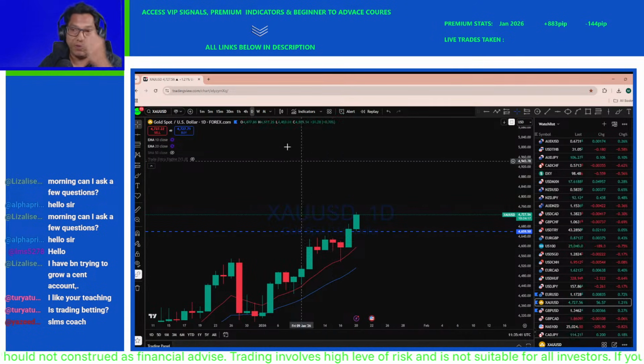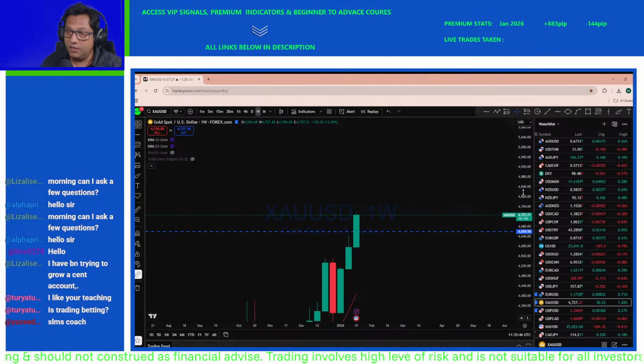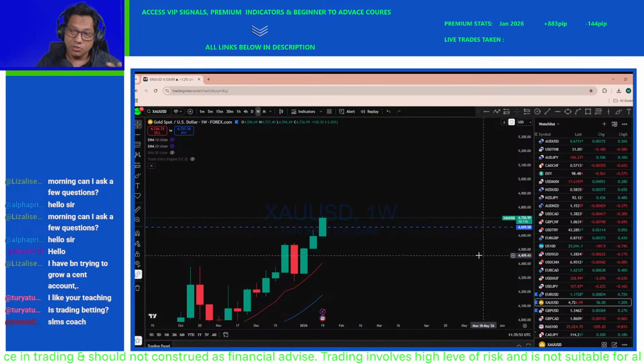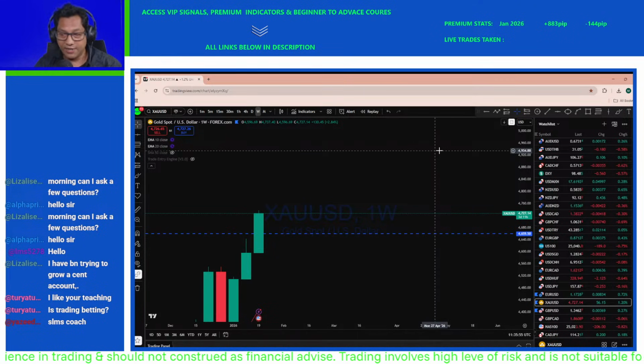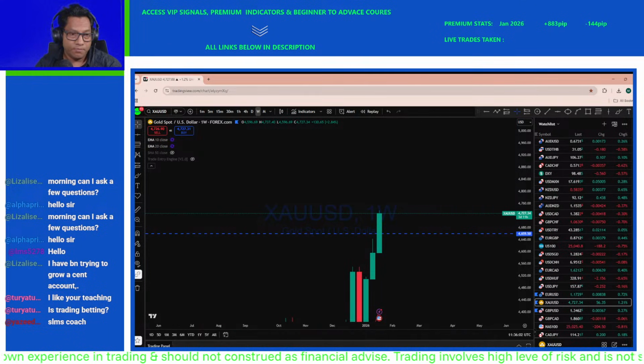From the multiple time frames, if you look at the monthly and weekly, it is significantly in an uptrend. Now when it is in an uptrend, what is going up is likely to go up. We are therefore looking at a buying opportunity in this market, right?